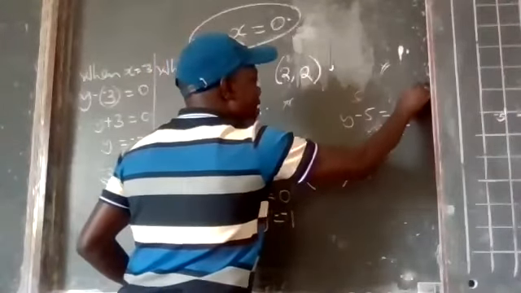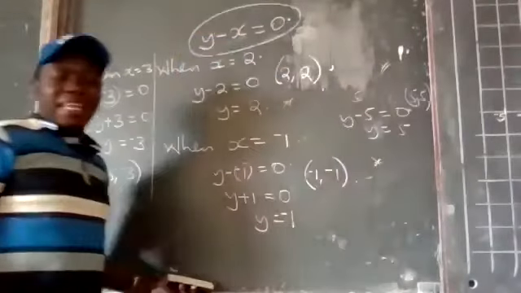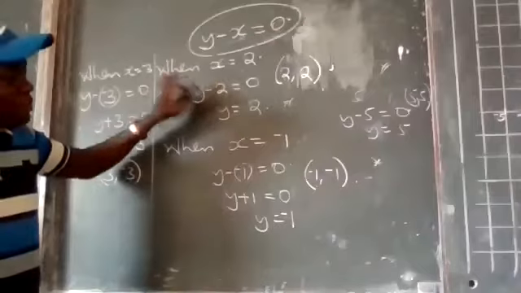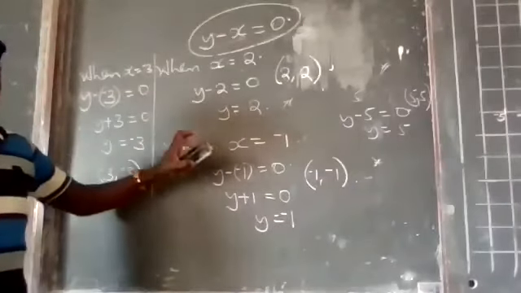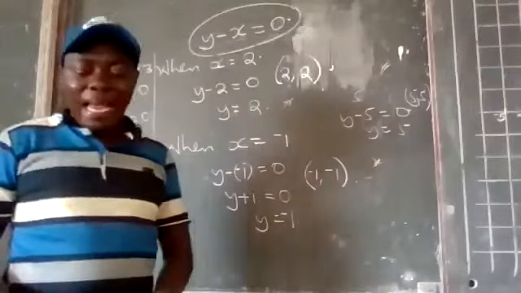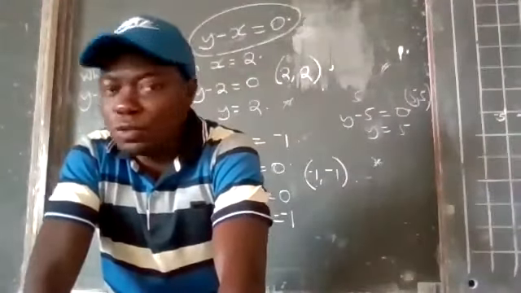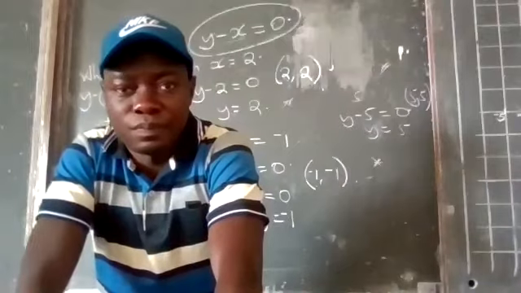This point 5, 5 is also on the line. So my points may not be exactly the same as your points, because a line has very many points. So you choose only 3.